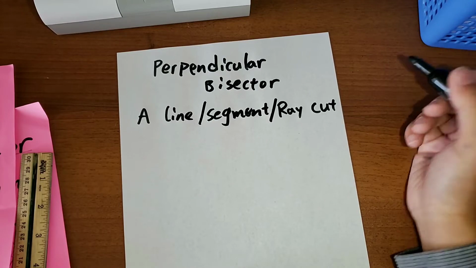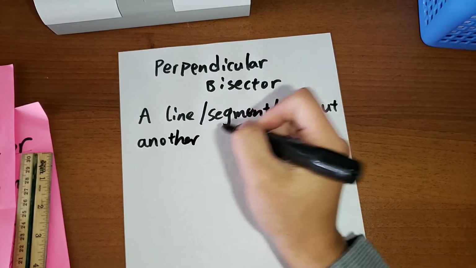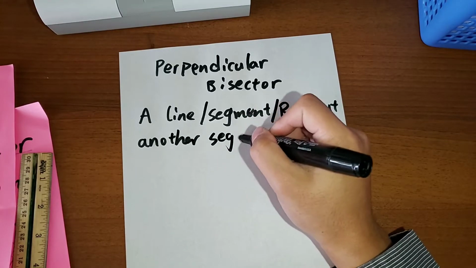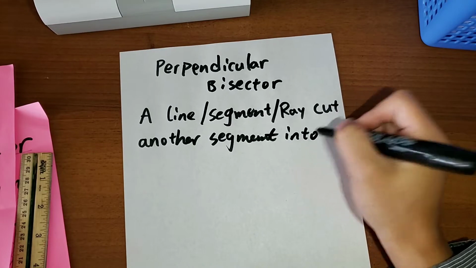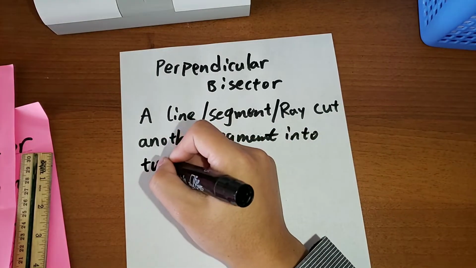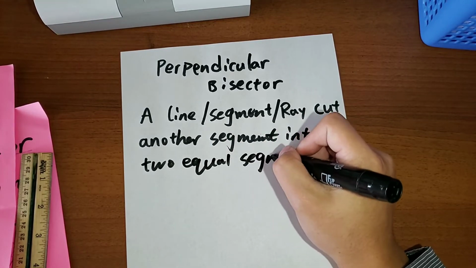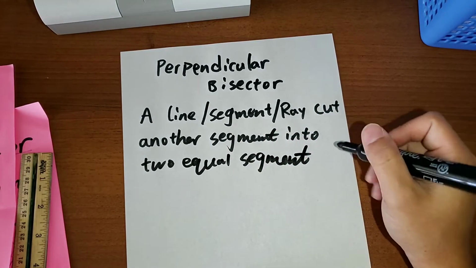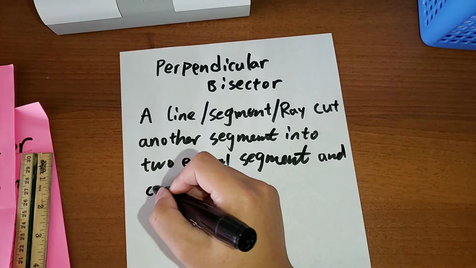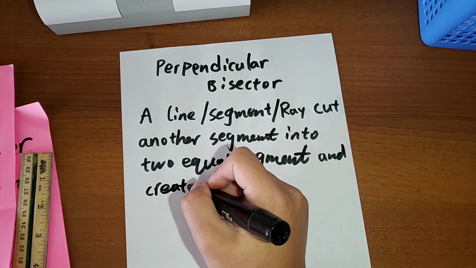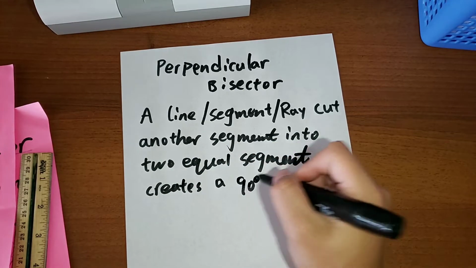I will name it this way: a line that cuts a segment, another segment, into two equal segments, and creates a 90-degree angle.